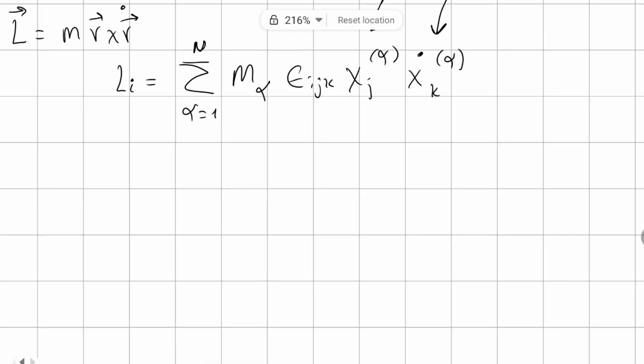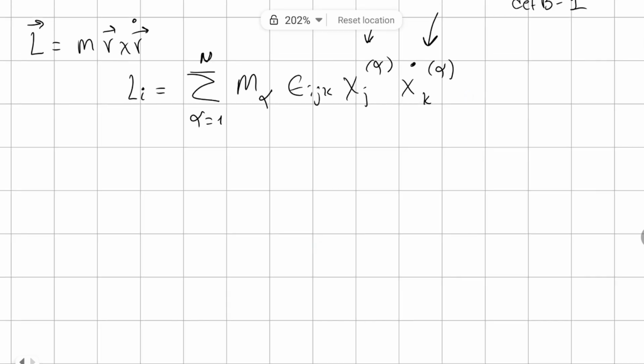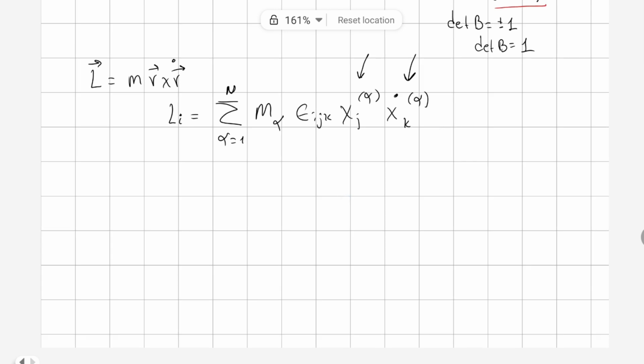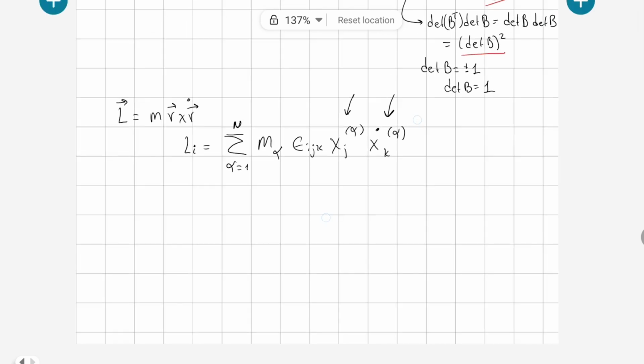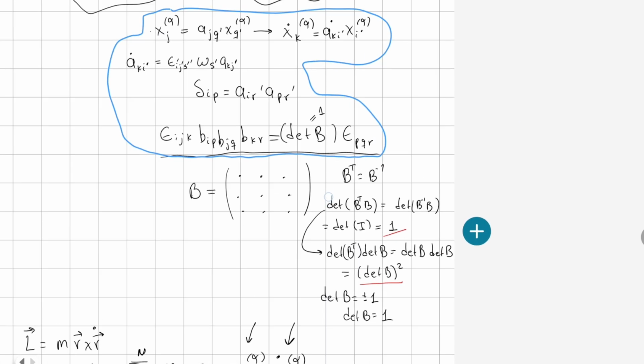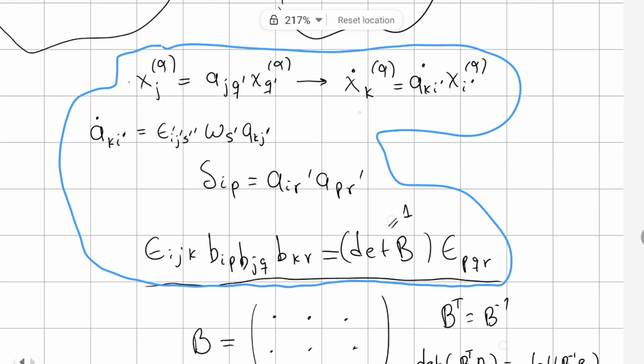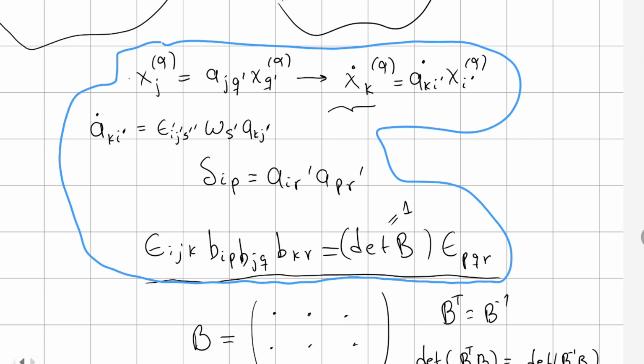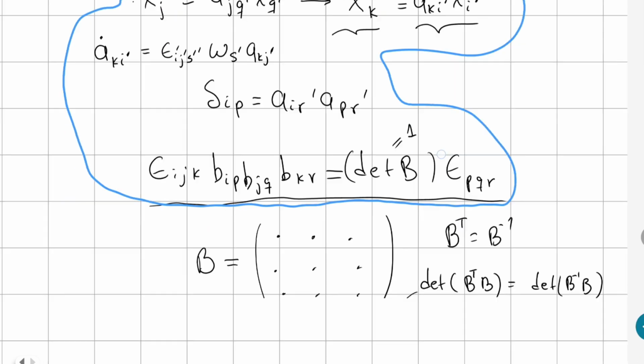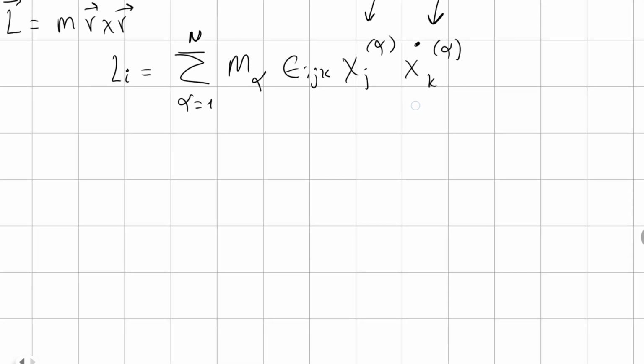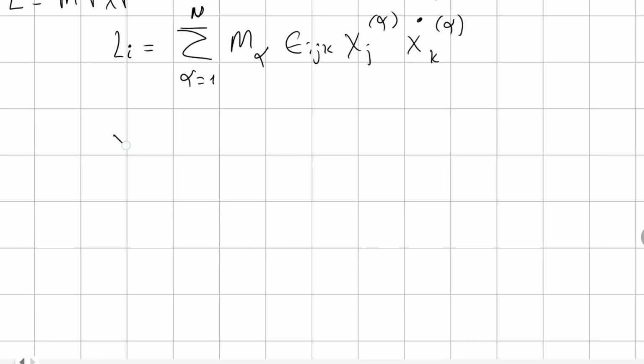Okay, so after saying this, like I said, we are going to be interested in changing the basis of this component of the angular momentum, and we are going to use these formulas over here. We know that for the inertial frame we have this relation, so we are going to use this. And well, let me write it again.